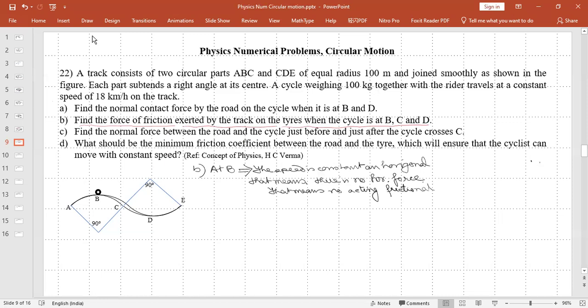And the same thing happens at D. Same at point D. That means the frictional force at B and D is equal to 0. Now what happens at C?